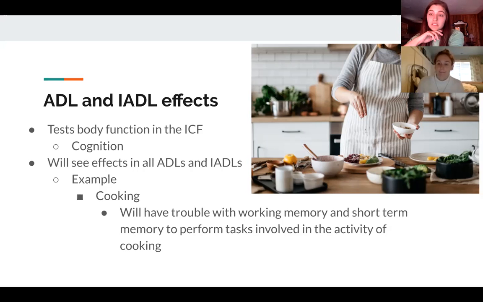Everything is pretty much affected by this, because other domains are involved here too, and we'll talk about those a little later. I also like how you said that even with the task of cooking, there are other things that come into play that could be affected as well. Thanks for participating with us.